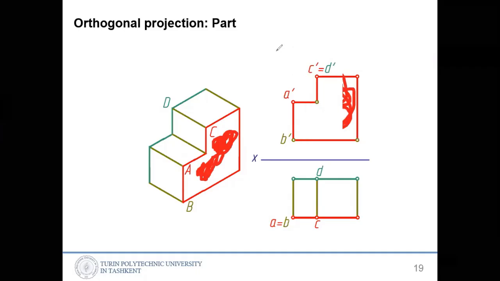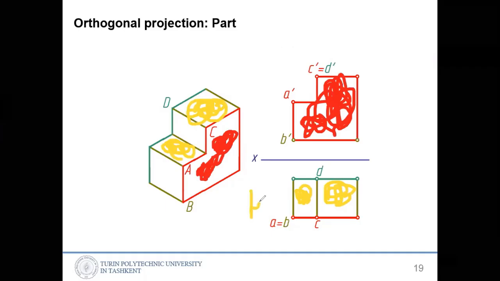Everything yellow should appear here in the H plane. And if you have the W plane, so everything on the green side should appear here.